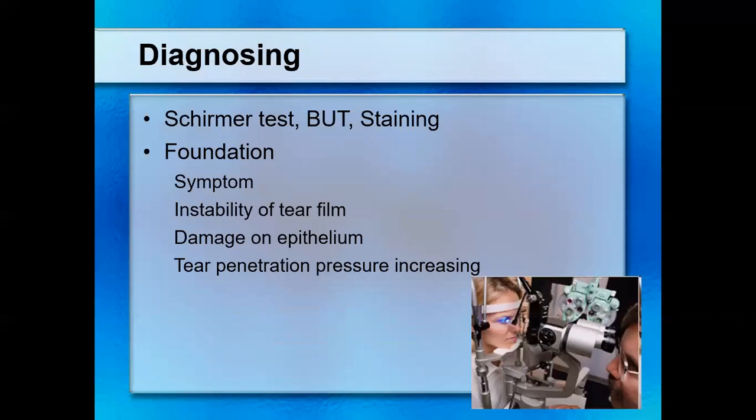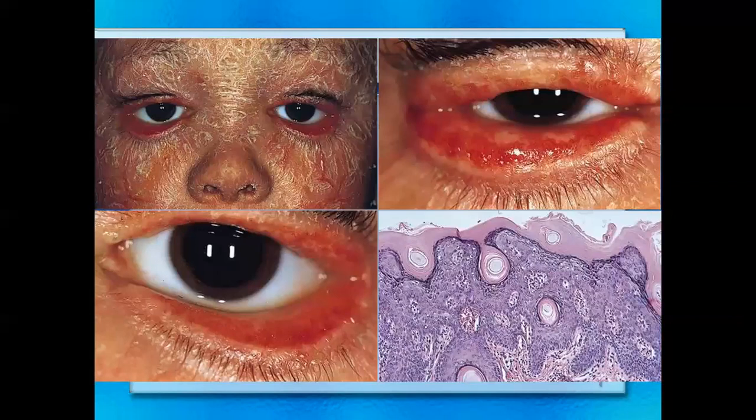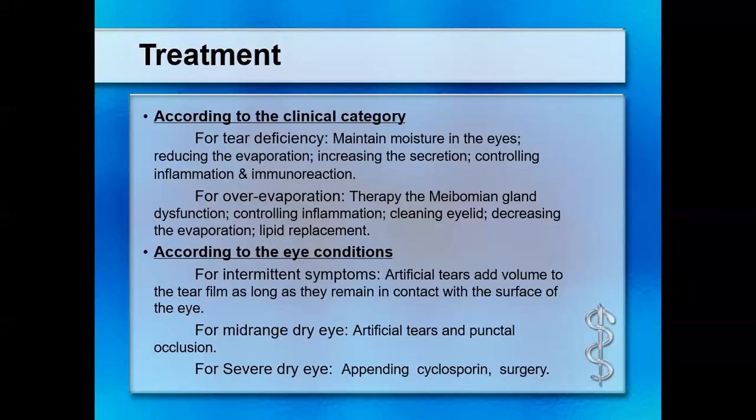Okay, this is a generalized cutaneous disorder, a skin disorder, that can lead to dry eye. And I've told you that there are many autoimmune disorders that can lead to dry eye, like rheumatoid arthritis, sarcoidosis. Okay, and then there is Stevens-Johnson syndrome, many disorders that can lead to dry eye.